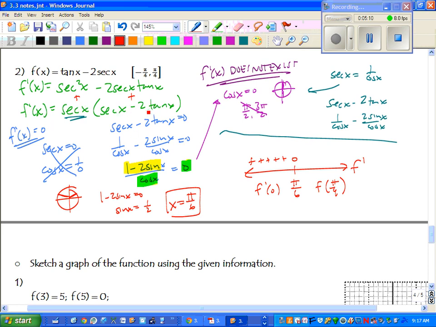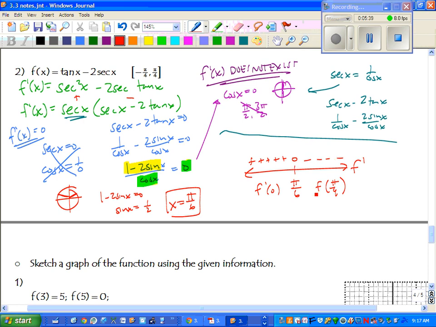And tangent of pi over 4 we know is 1, so this is going to be minus 2 times 1, so minus 2. Secant of pi over 4 is the reciprocal of cosine, so cosine is root 2 over 2, and the reciprocal of that would be 2 over root 2, which simplifies to square root of 2. We end up with square root of 2 minus 2, so this is going to end up being a negative value.